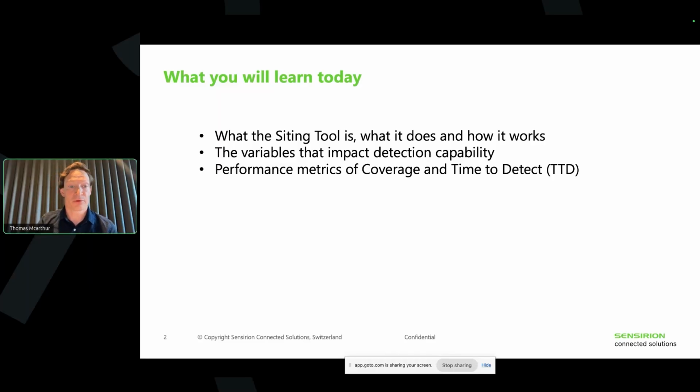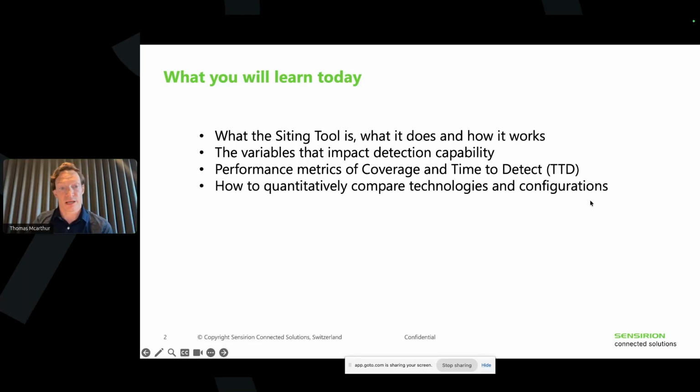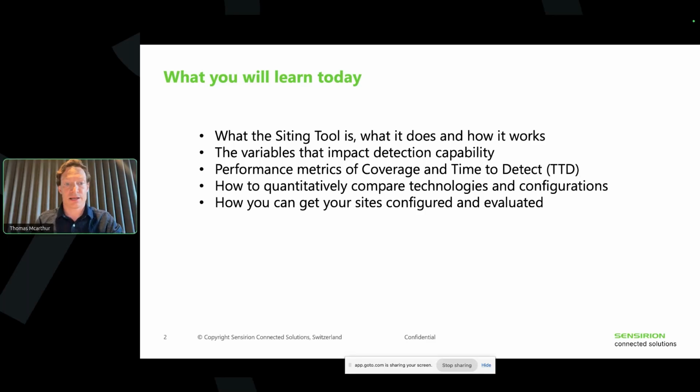What are the performance metrics we use to quantify a siting, and those are coverage and time to detect? How do you quantitatively compare technologies and configurations? And how can you get your sites configured and evaluated?